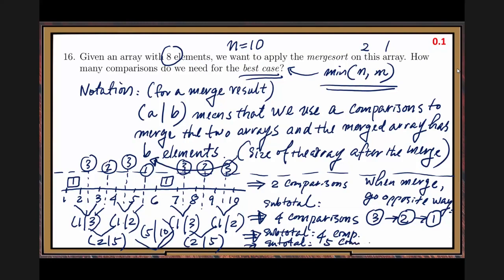Now you calculate the total. 2 plus 4 plus 4 plus 5, 15.